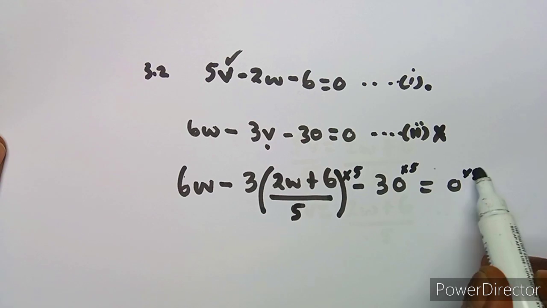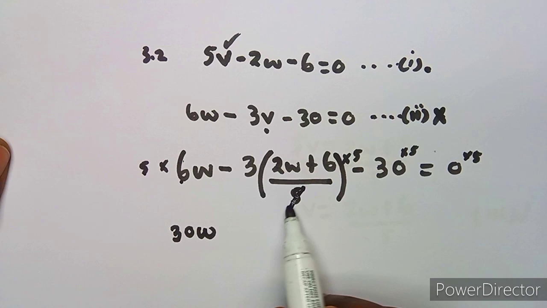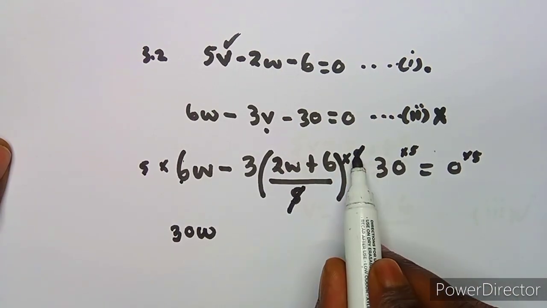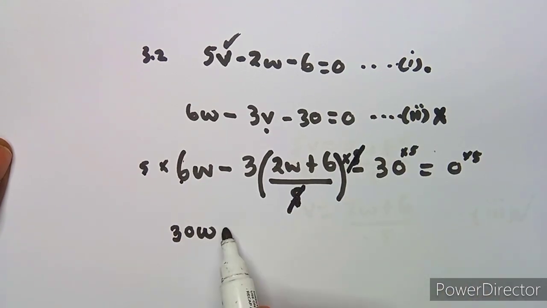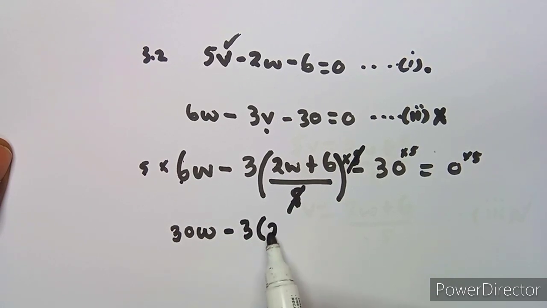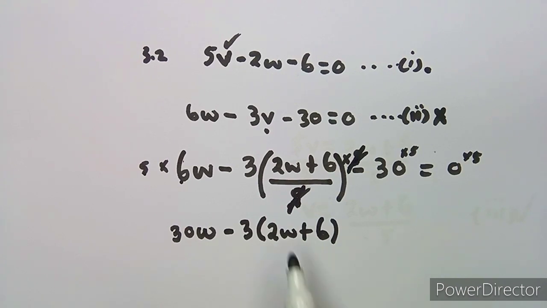That's going to give us 5 times 6, which is 30w. Then this 5 and this 5, because one is in the numerator and the other in the denominator, will cancel. So you are now left with minus 3 into 2w plus 6. The purpose of multiplying by 5 is for us to remove the denominator.